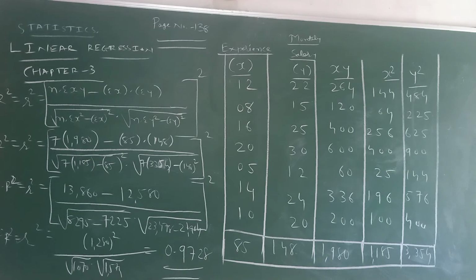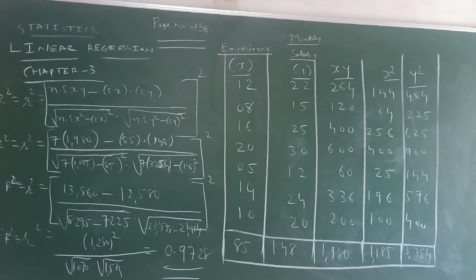I am confident that you all are able to understand this particular sum. We will do further practice of coefficient of determination in the next video lecture also. In the next video lecture, I take the sum where we apply the UV method, the shortcut method, and specifically when division is there.